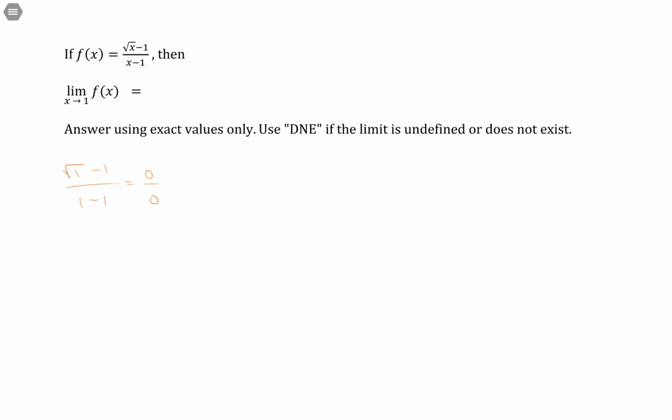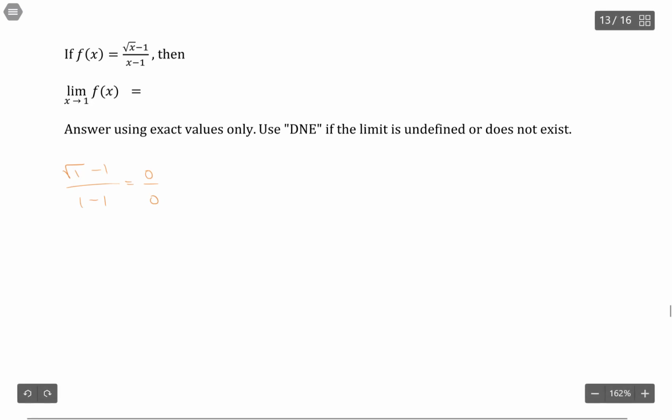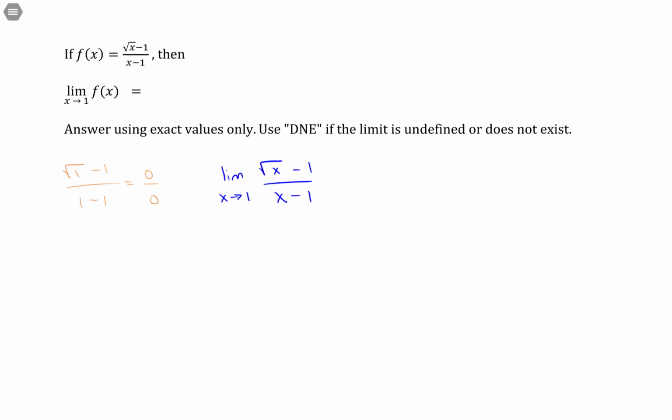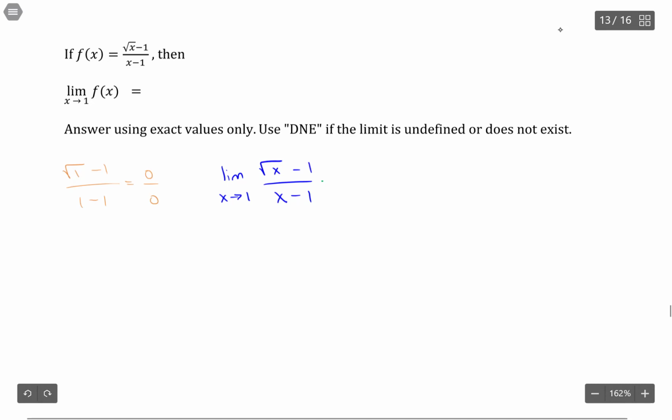Now, since we have some square roots involved, the algebra that we use in order to reduce this or change its form in such a way that we can get a result is this. We multiply the numerator and denominator of this fraction by the conjugate.